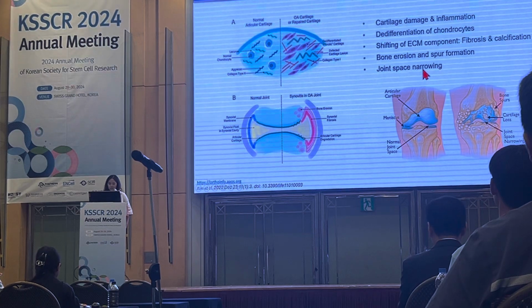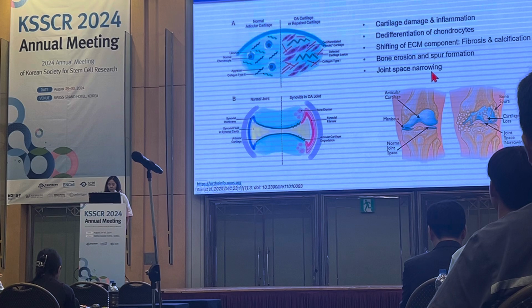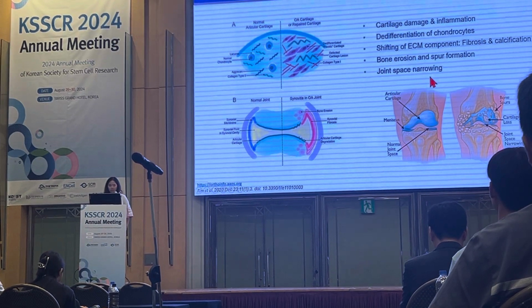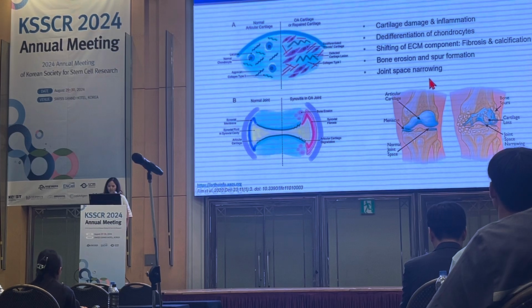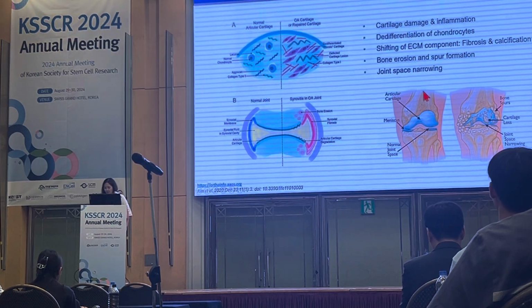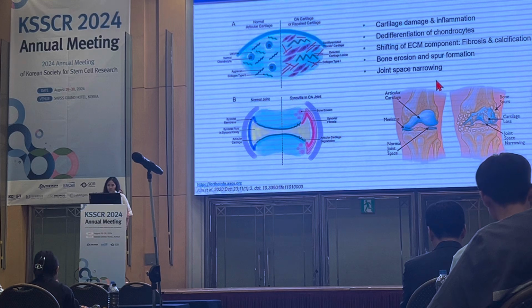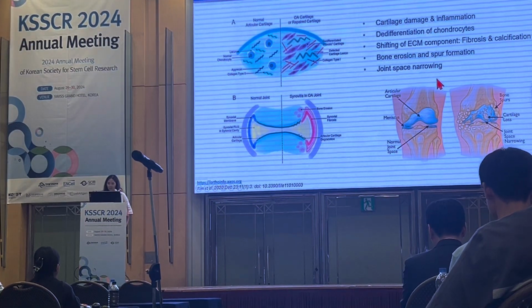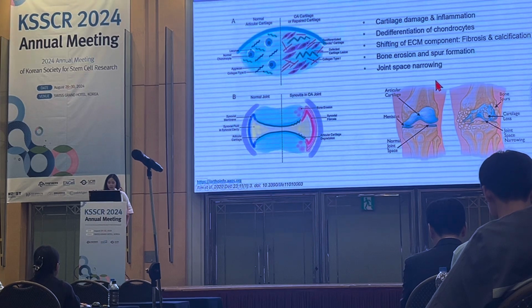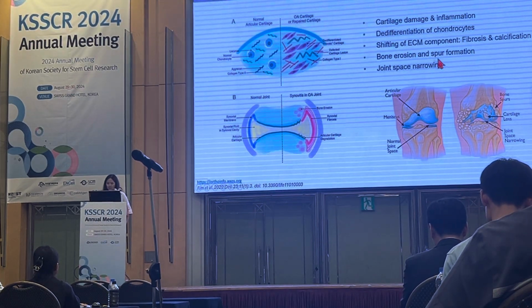And eventually this leads to bone erosion and spur formation, which narrows the joint space and causes joint pain. And this is the reason why delaying the cartilage degeneration and also regenerating the defective cartilage is important, because we have to stop this process.